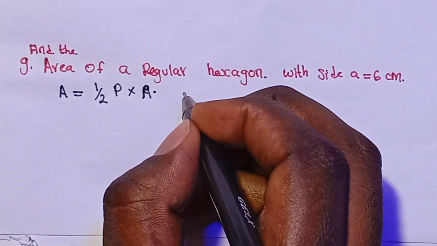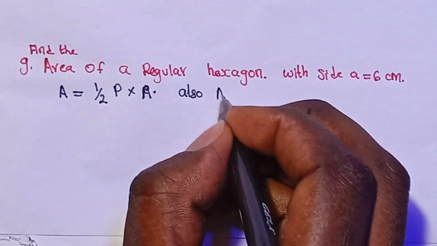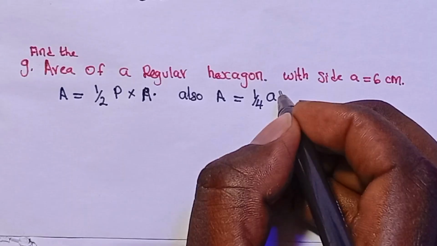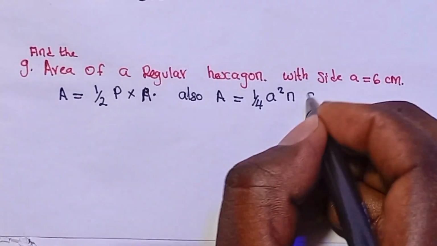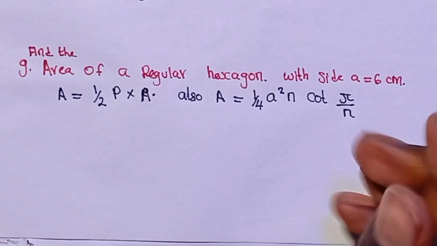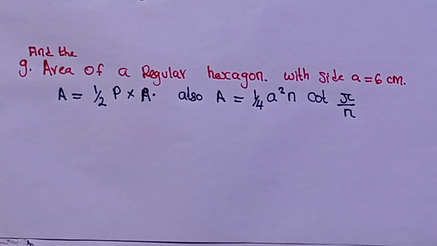Also, this area can be given by a quarter times a squared times n cot pi all over n. So I'm going to do one, then you're going to do the other formula to see if you will get the same answer.